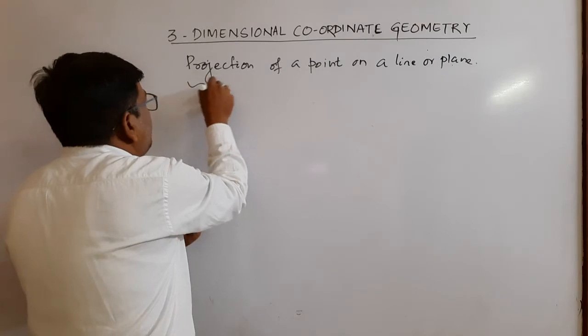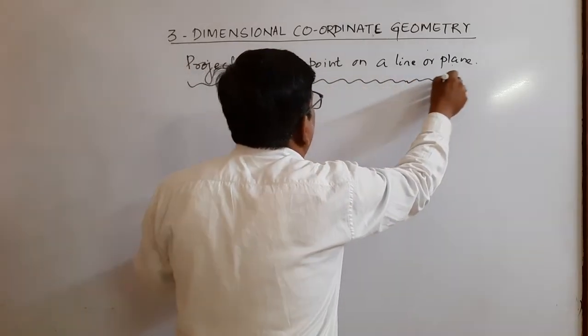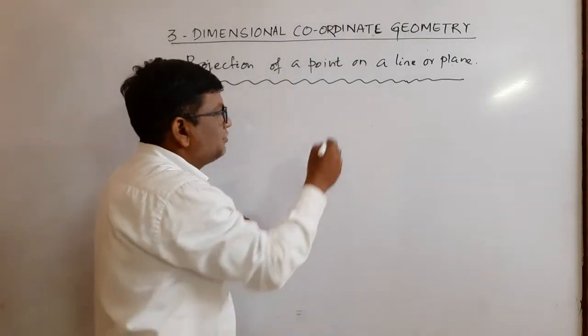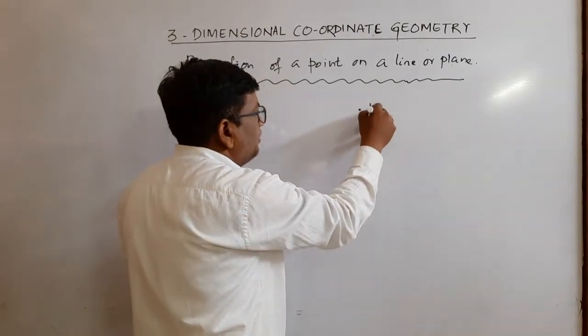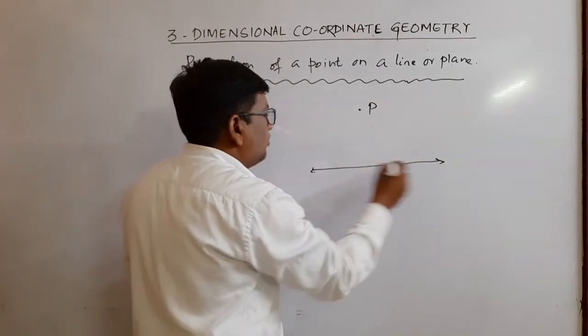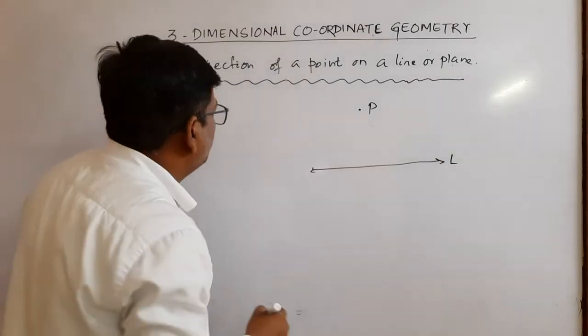Suppose this is the point P and this is the line L. Then what is the projection of the point?